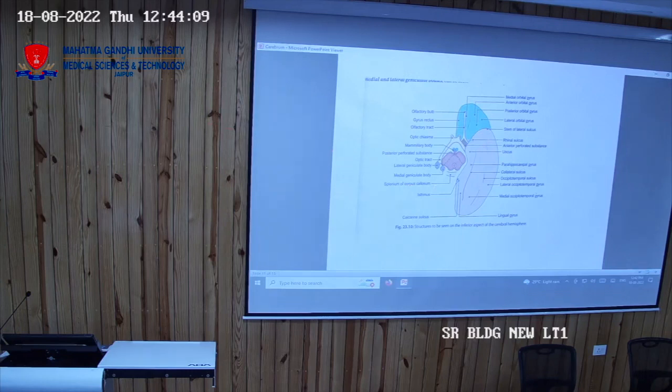Now, the gyrus present on the medial side of the collateral sulcus, I am talking of this, is the parahippocampal gyrus. Look at the parahippocampal gyrus: as it goes anteriorly, it forms a hook-shaped structure.